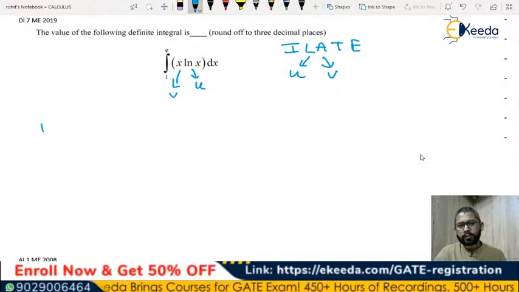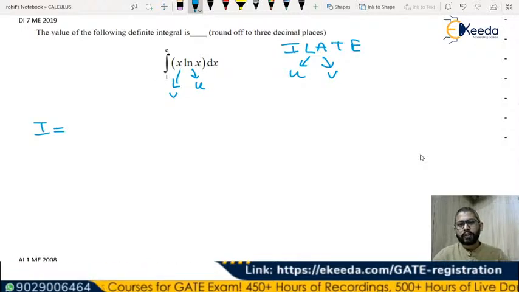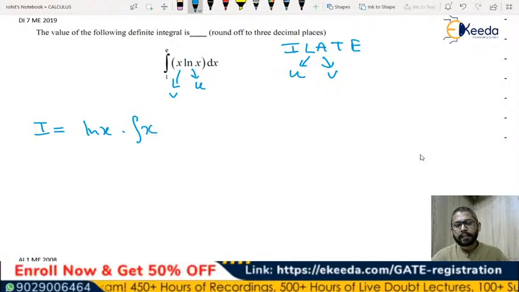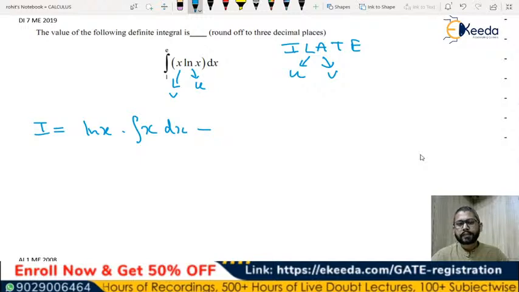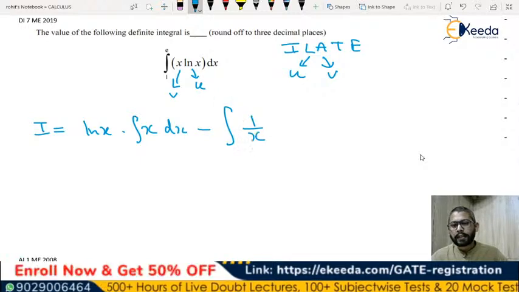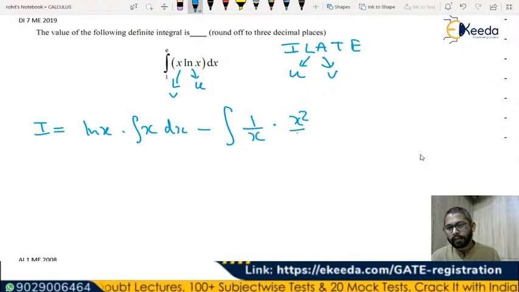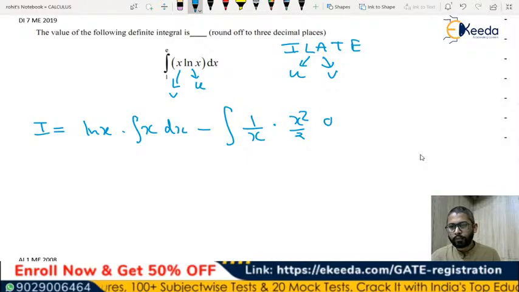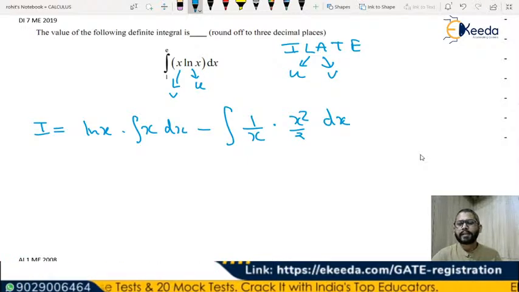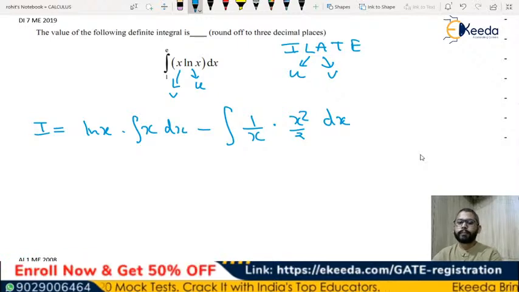So this integration is going to be u, which is ln x, times the integration of x dx, minus the differentiation of ln x, which is 1 by x, times the integration of x, which I'm directly writing as x square by 2, otherwise we'll have to take one more step. And the limits are 1 to e.